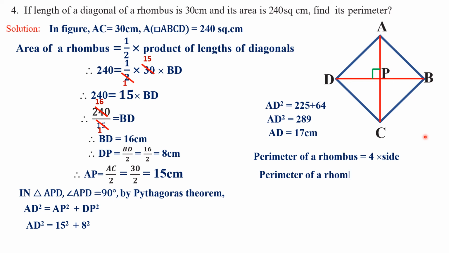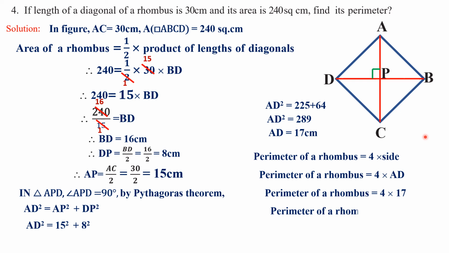Perimeter of a rhombus is equal to 4 into 17. Perimeter of a rhombus is equal to 68 centimeter. Here we complete the problems of practice set 15.2.